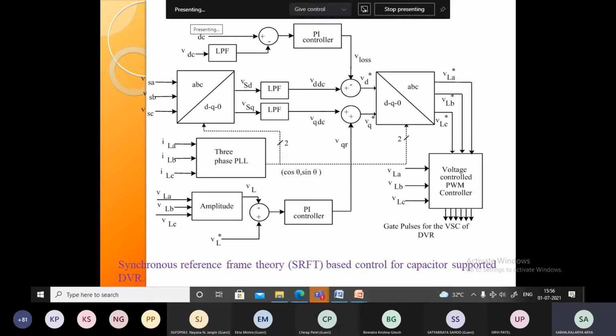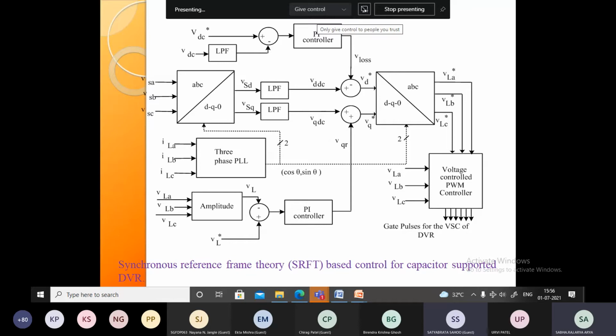After that, what you can do? In individual cases, you compare the load voltage and you get one error. That error is compared with a carrier signal. Whatever signal comes after comparing with the carrier, you give to the upper IGBT of the connected leg, and the same signal you pass through NOT logic and give to the lower IGBT in the same leg.